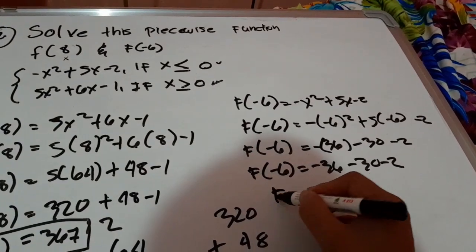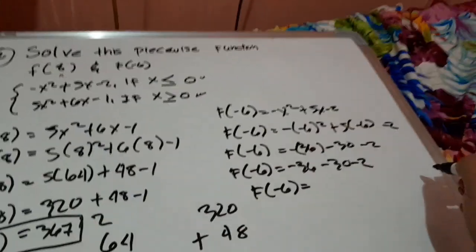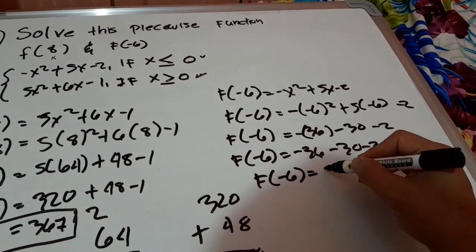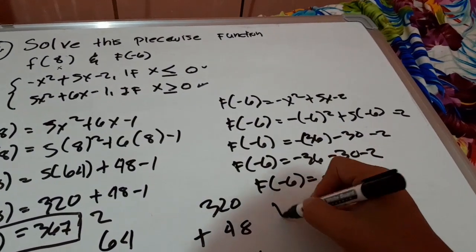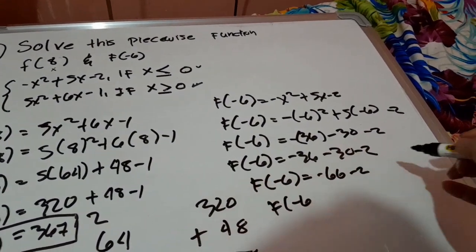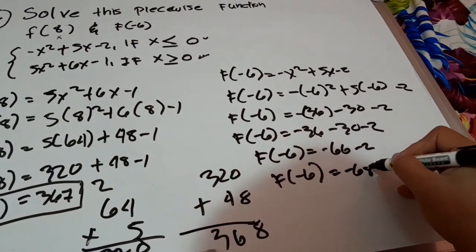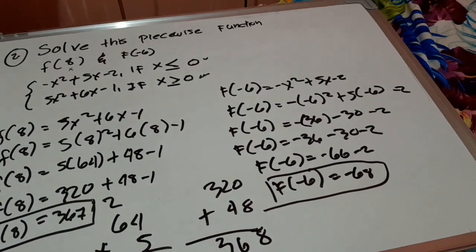So negative 36 minus 30 equals negative 66. Negative 66 minus 2. So f of negative 6 equals negative 68. So that's the value of f of negative 6.